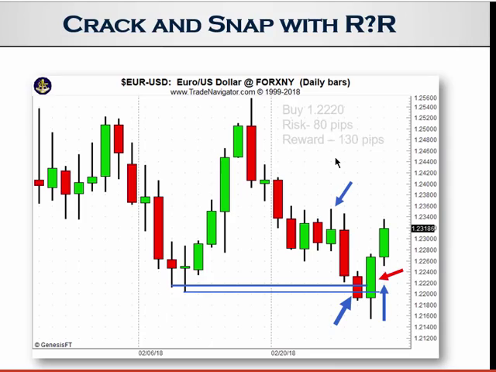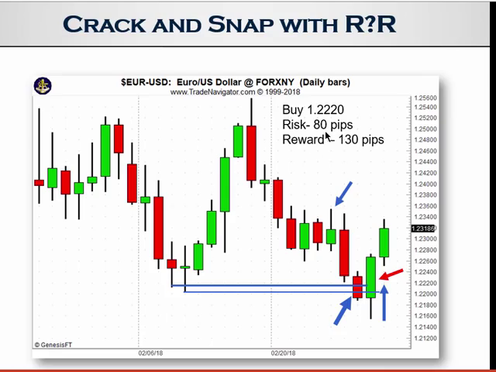So with this concept, we would think about buying. This is obviously a 4x. We'd think about buying right over here around 122.20, as soon as the market got back above the broken support area. Our stop would be a little below the lows here. So I'm figuring our stop would be around 121.40 down here. And the target would be a couple of pips below here, just kind of rounding it off, to around 123.40.